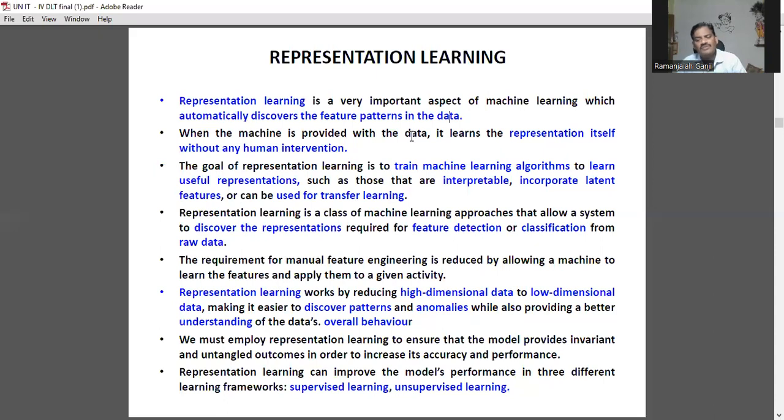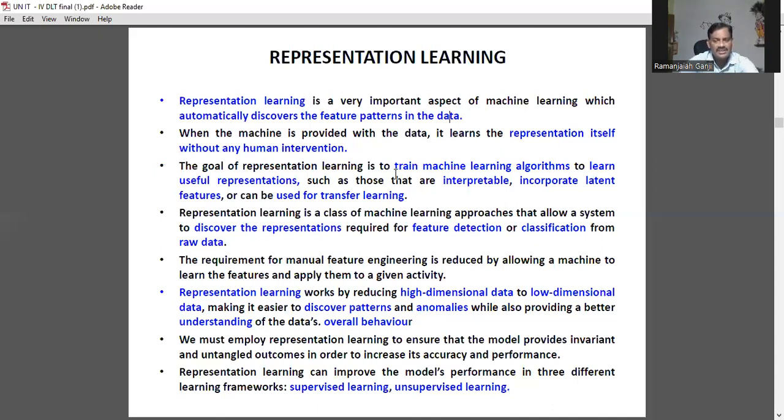And I told you in the first unit many times, machine learning is a type of artificial intelligence that always learns from experience without explicit programming. A machine that adapts to new situations is said to be machine learning.